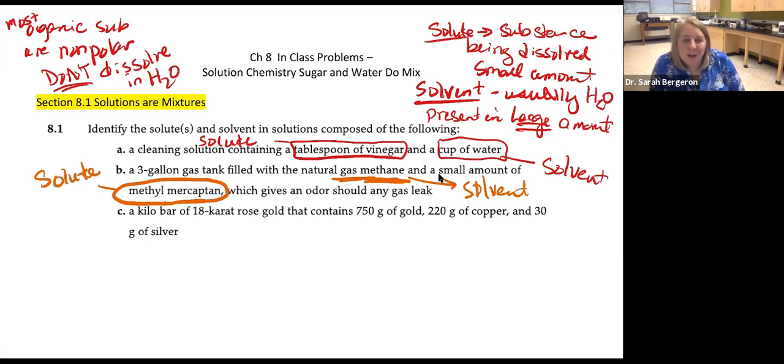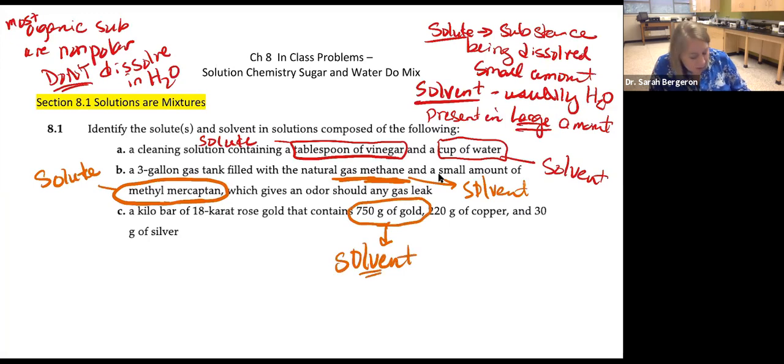A kilo bar of 18-karat rose gold that contains 750 grams of gold, 220 grams of copper, and 30 grams of silver. So here you're given three things. What you do is find the one that is the most. That's our gold. Our gold is going to be our solvent.